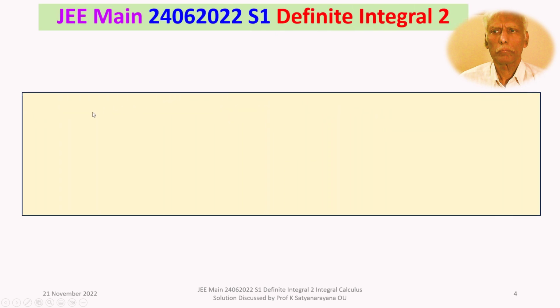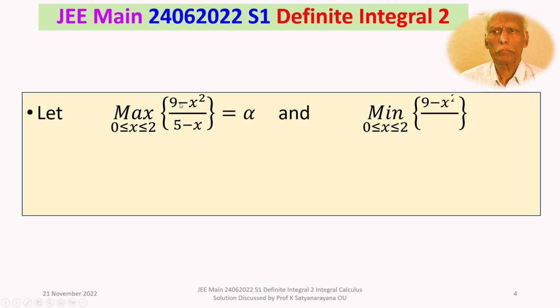The problem is: let the maximum of the function (9 minus x square) by (5 minus x) be alpha, where the maximum is taken over all x belonging to the closed interval 0, 2, and the minimum of the same function (9 minus x square) by (5 minus x) be beta, where the minimum is taken over all x belonging to the closed interval 0 to 2.